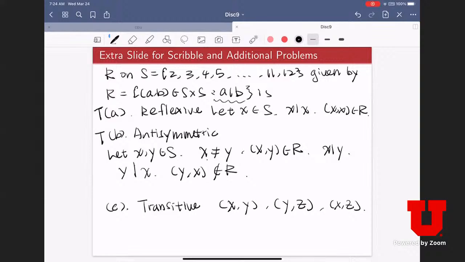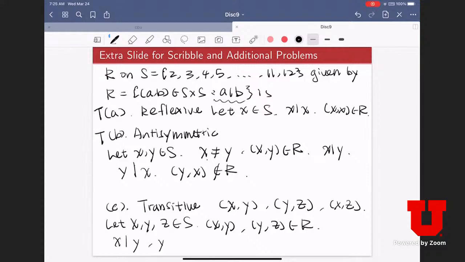So for this one, we start with x, y, and z belonging to S, and then we assume that (x, y) and (y, z) are both in R, then just by the definition, we know that x is divisible by y and y is divisible by z.